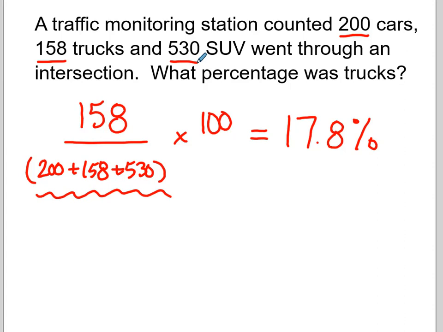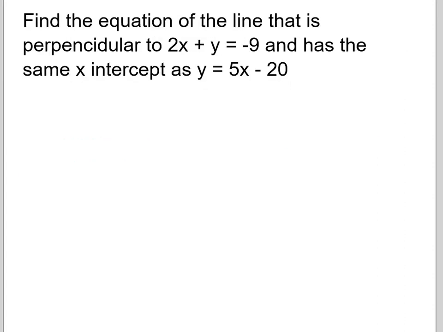That's an important piece. Okay, find the equation of the line that is perpendicular to 2x plus y equals negative 9 and has the same x-intercept as y equals 5x minus 20. To find the equation of the line, we know we need a slope and we need a point, any point.